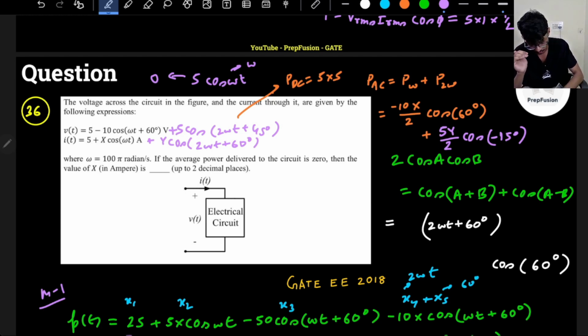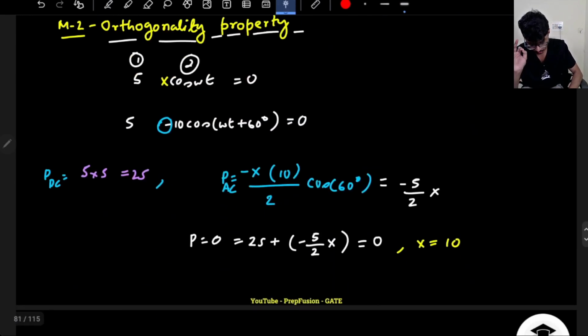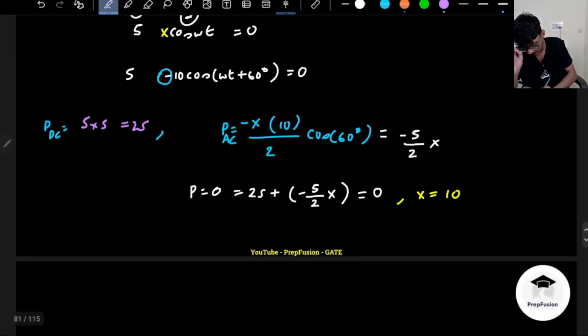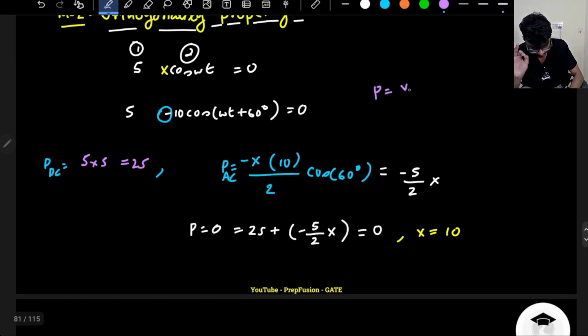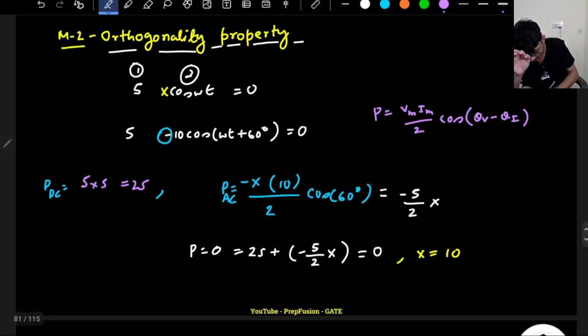If you ever get confused with this negative sign, I will tell you an alternative. What is the formula of power? The formula of power is Vm Im by 2 cos of theta v minus theta I. So you can convert this negative sign. What you can do is write this negative sign inside the theta angle.